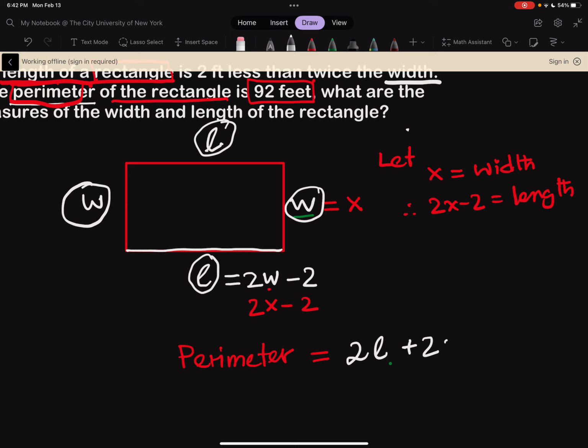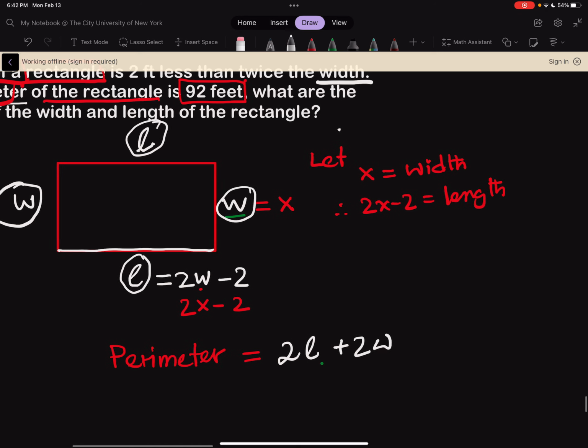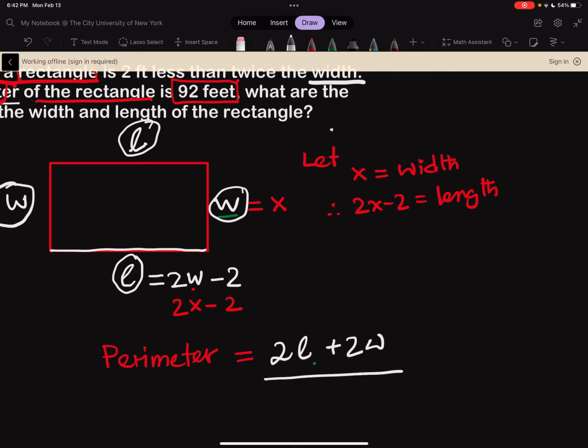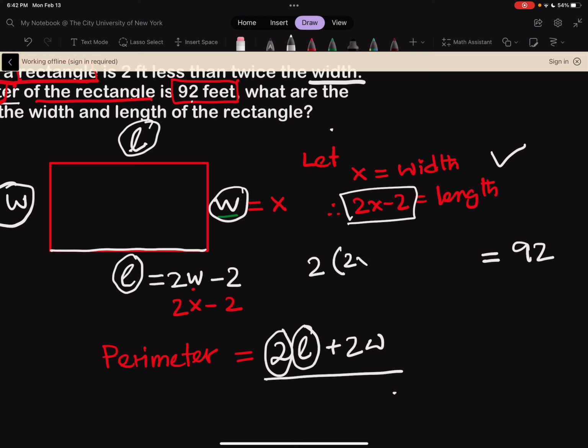After we fixed up our key, we form up our equation. The perimeter is 92, and the perimeter is 2 times the length, and we want to get it in one variable, so the length itself is 2 times 2x minus 2.